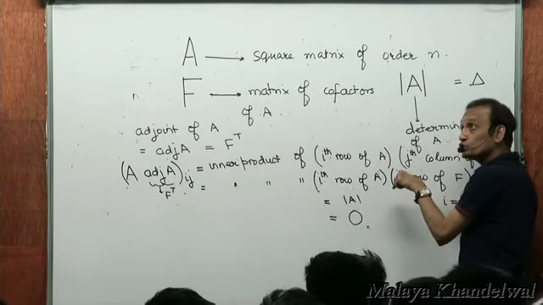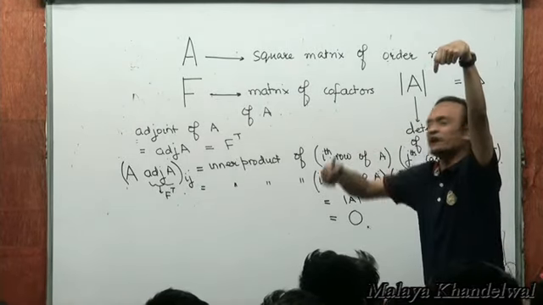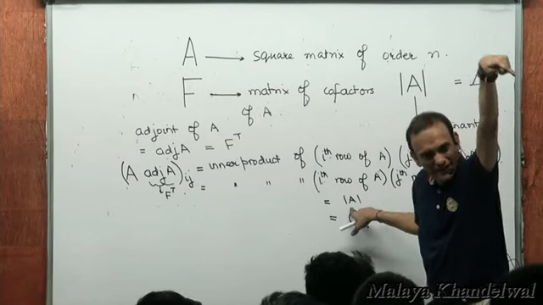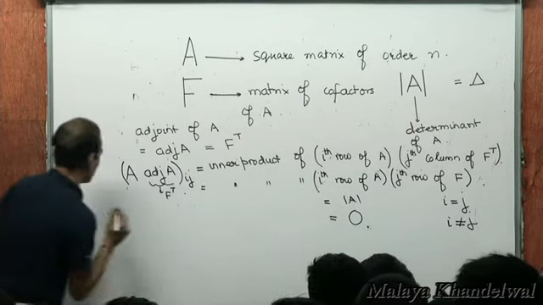So that means A adjoint A is a diagonal matrix whose diagonal elements are equal to determinant A, yes or no? Right? So A adjoint A is a matrix like this.